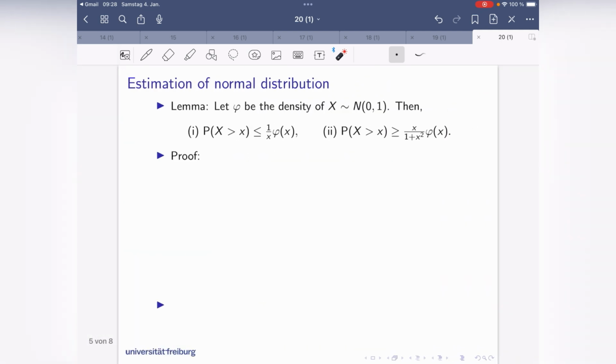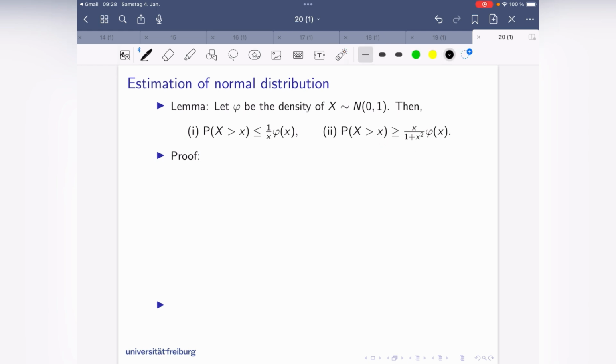So let us start with a very important estimate on the normal distribution. So X is normally distributed with variance 1. Then the probability that X is bigger than x is at most 1 over x phi of x, where phi is the density of X. And so it's an upper bound, and a lower bound is x divided by 1 plus x squared phi of x.